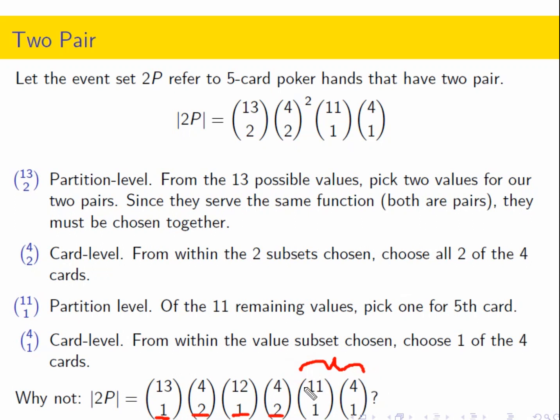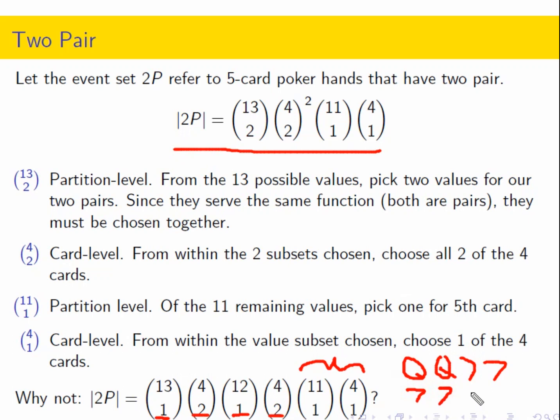So why is it wrong? This is double counted. Let me see if I can explain why. When I pick 13 choose 1 and then 12 choose 1, I'm saying that they're serving different purposes. What I'm saying is that a hand like, let's say my 2-pair was queen, queen, 7, 7. If I count like this rather than like we did up here, then I'm saying these are 2 different hands.